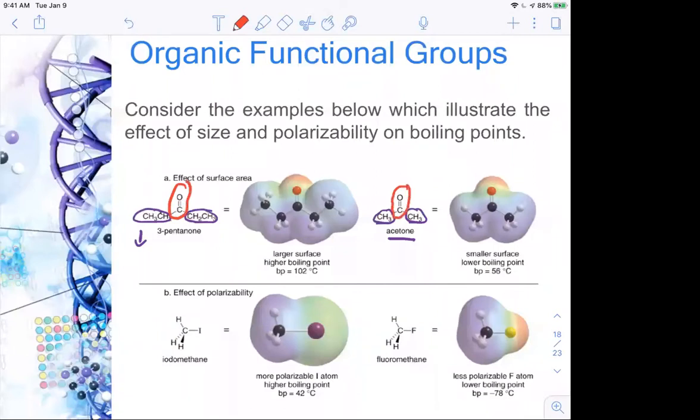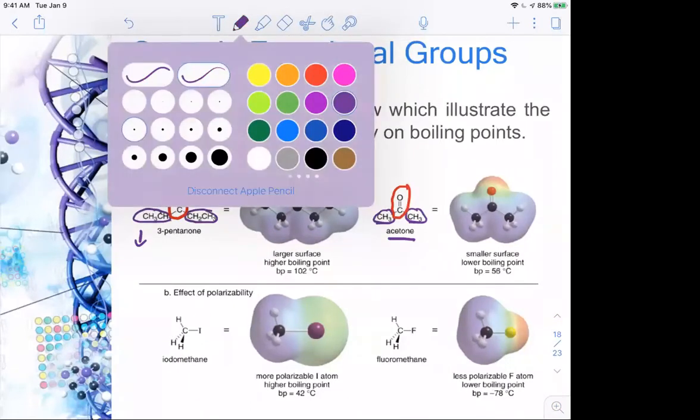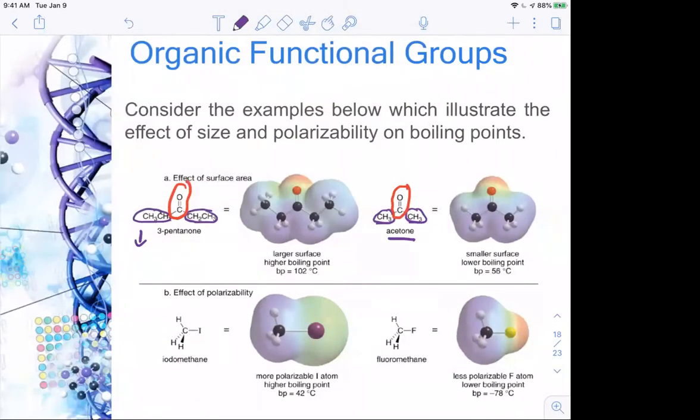Now, which is going to have a stronger intermolecular force? I have to look at the surface area. If I look at this one, I have two carbons. This is longer and skinnier than this one with just the CH3. The CH3, CH2 has an additional carbon, so now I have more surface area.